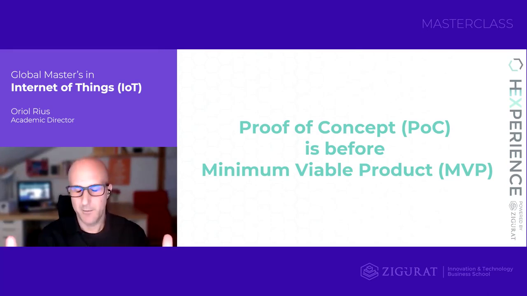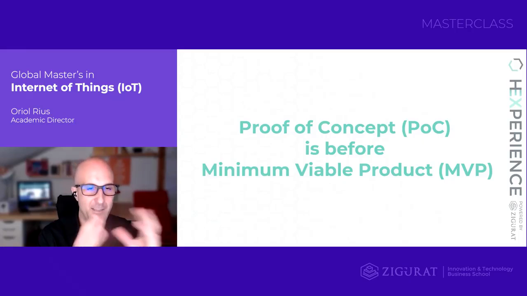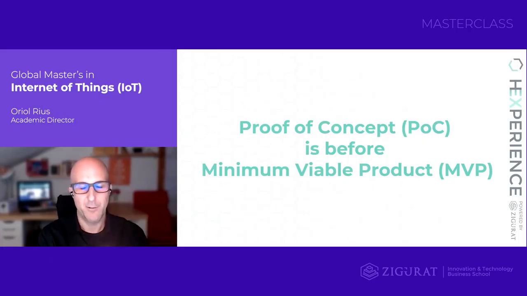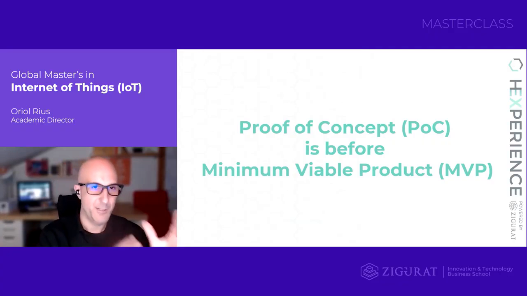And this is not healthy, this is not sustainable, because the first thing that you have to do is validate your assumptions. You cannot invest on delivering a minimum viable product without having validated that your assumptions are true.